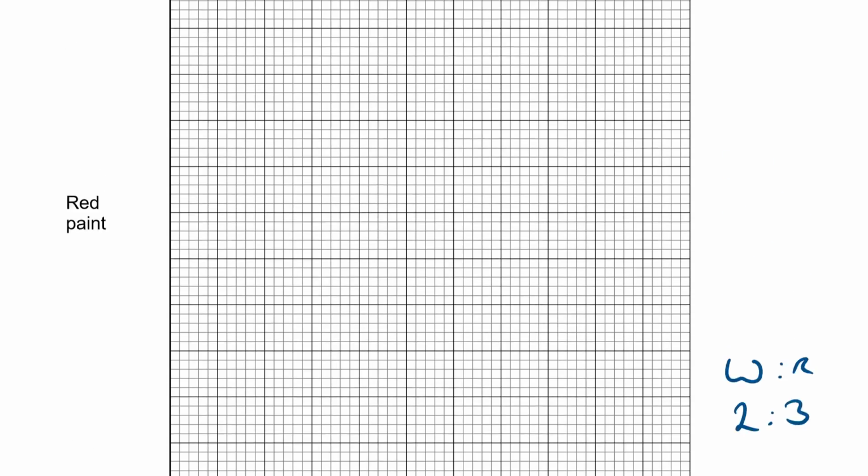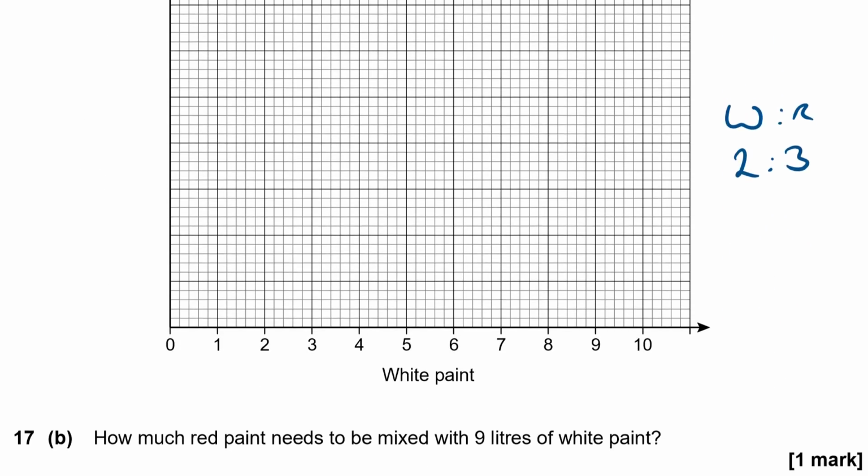So we can use this kind of like a gradient. So starting at the origin, for every 2 units we go along in the direction of white, we're going to go 3 units up.